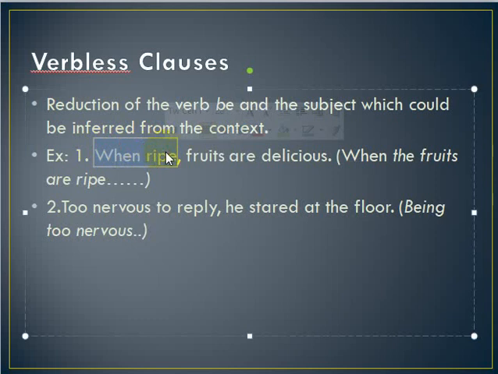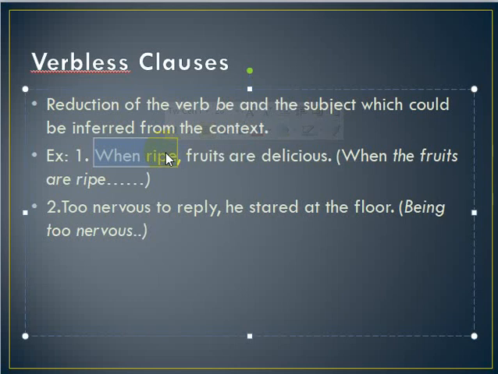Now this clause has no verb, no subject, then it is no clause. But how come we call it a clause or verbless clause? Because it is explicitly a verbless clause, but implicitly a verb clause or finite clause, which has a verb and a subject.